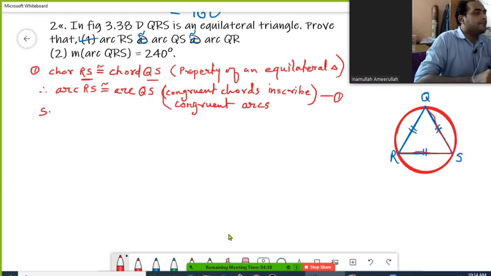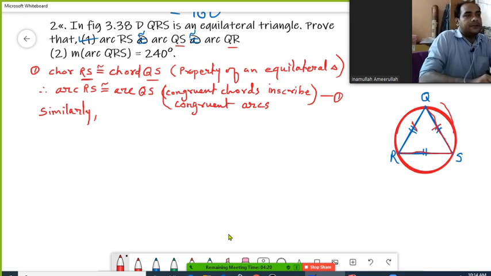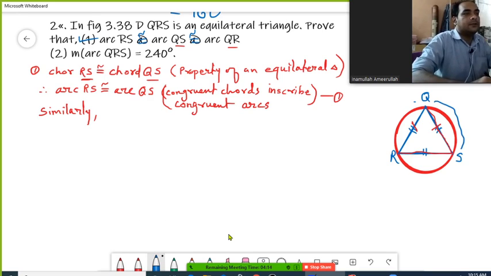Similarly, we can prove that this QS and QR, these two sides are also equal. So their intercepted arcs, that is QS and QR, are also equal.